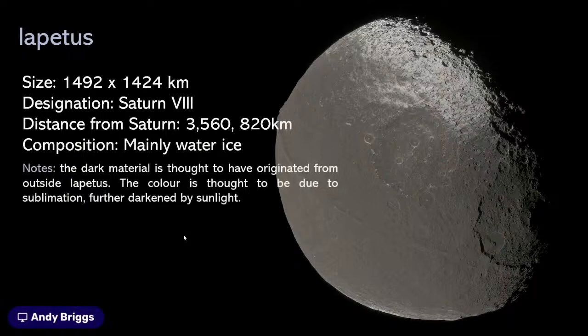And that dark material is thought to have originated from outside Iapetus, perhaps from other moons. And the dark color is thought to be due to sublimation, which is a process where a solid turns straight into gas with no liquid phase. And that material is then further darkened by the action of sunlight.